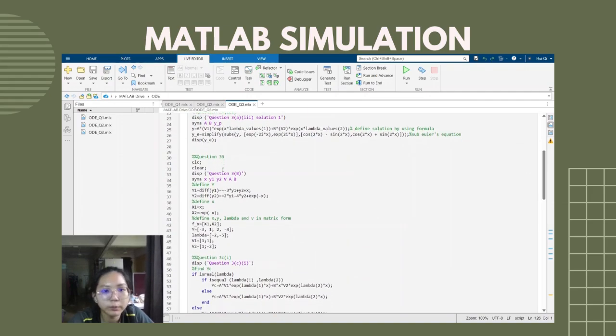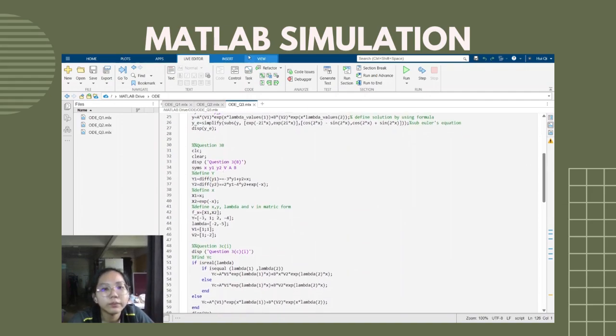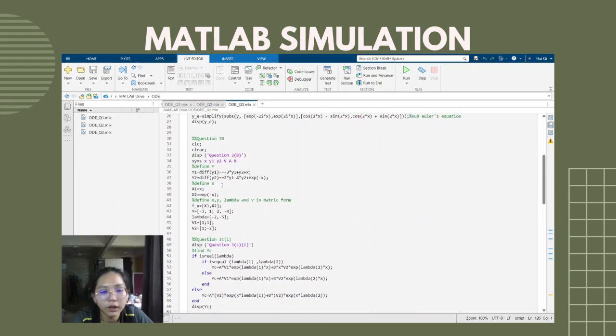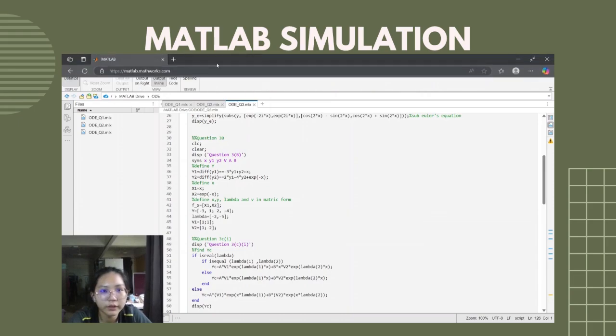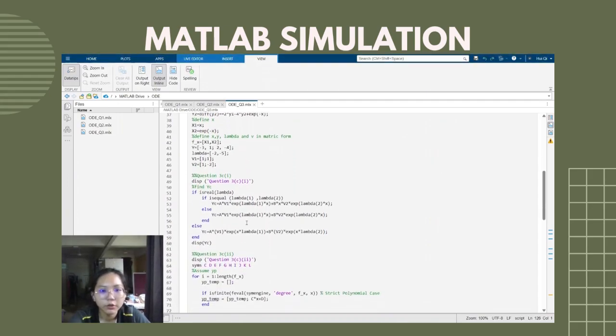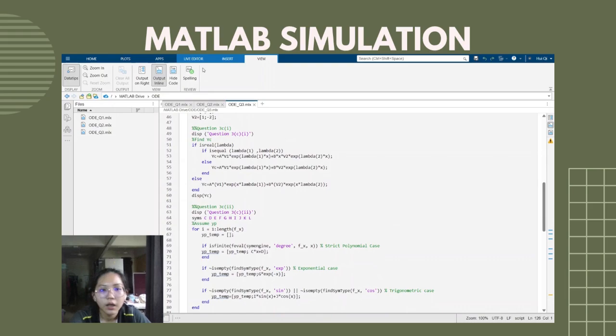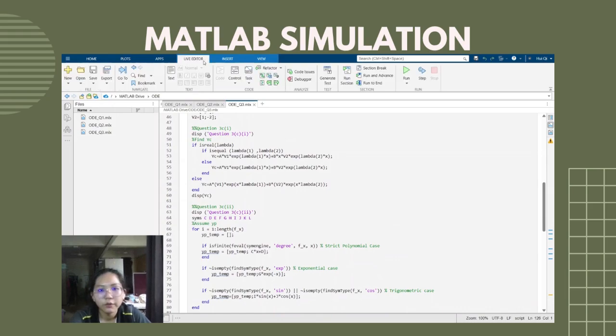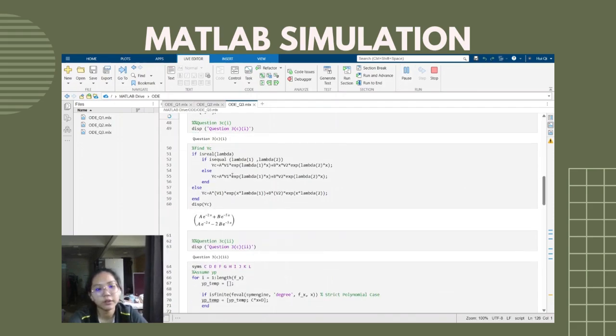For question 3b, first we define y and insert the value given, because it does not require us to find any value of the solution. For question 3c1, we need to find the YC.